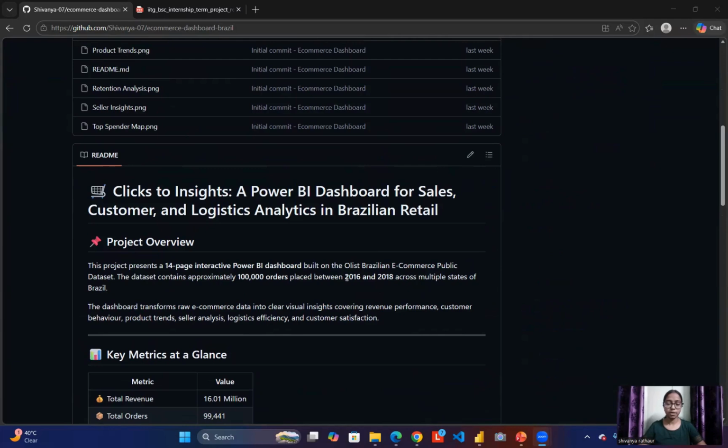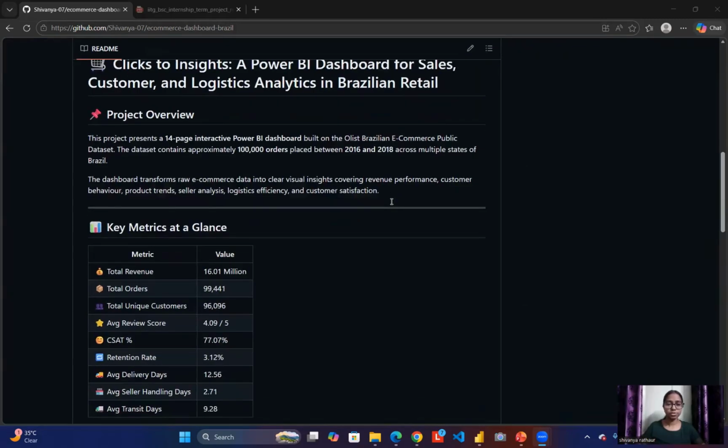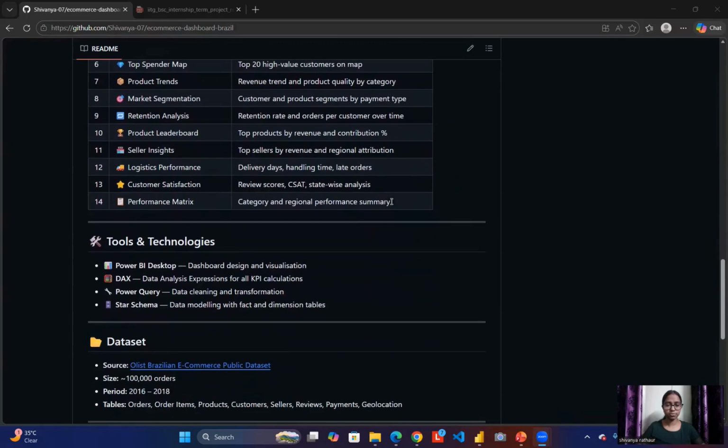At the same time, management did not know in which region there were bad delivery problems and why some customers were unhappy. So my goal was to create a clean, clear, interactive BI dashboard so that managers can understand where they are making money and where their delivery system is failing. So now let's see which tools and techniques I use to solve this business problem.